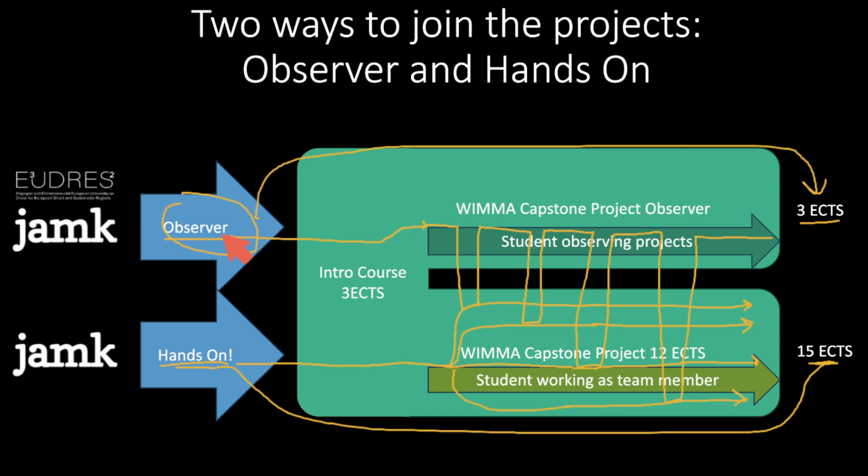So this could be the way to learn about what's going on there. And that's the way we have implemented the first version of the WIMMA Capstone. We will see what happens, but we have already been running the project, and now we are bringing you the possibility to join the project also by observing. This is, in short, what happens there.